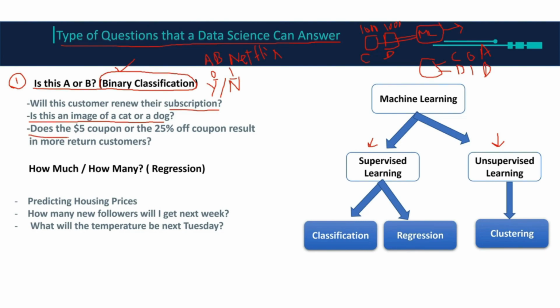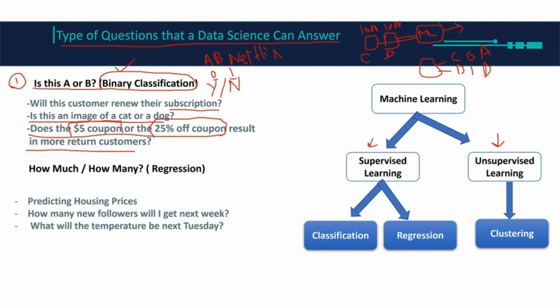Same thing here. If I have a store like Amazon or eBay, which one will bring me more customers? If I give them a coupon which is going to deduct $5, or should I give a coupon that is going to deduct 25% of the total of the checkout?